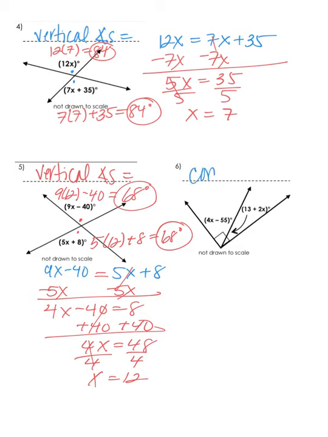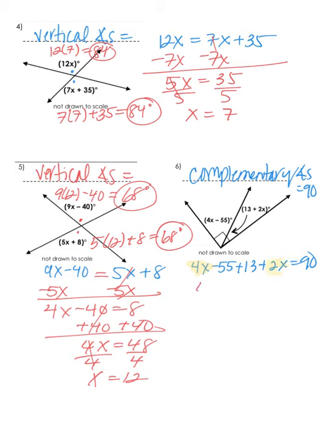These are complementary angles, and they add up to 90 degrees. So I have 4x minus 55 plus 13 plus 2x is equal to 90. Let's combine like terms. So 4x and 2x.